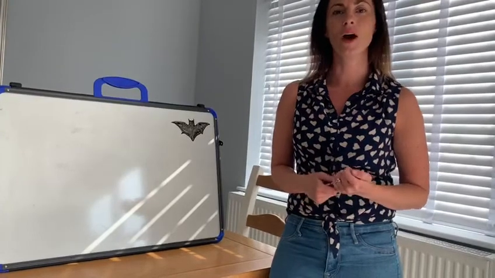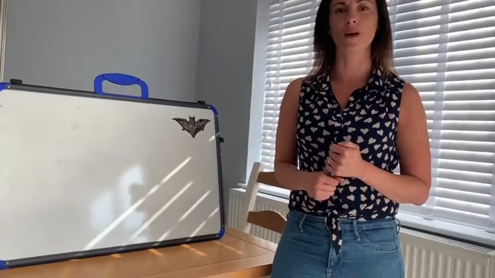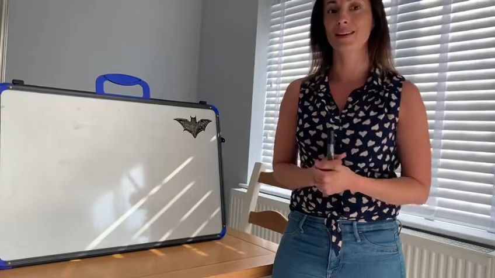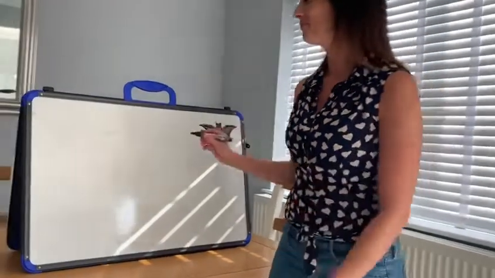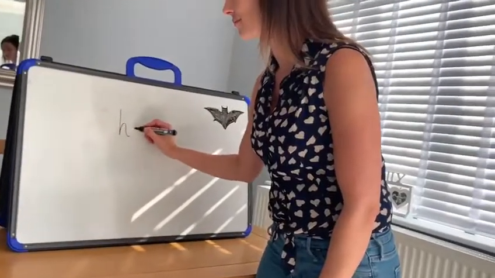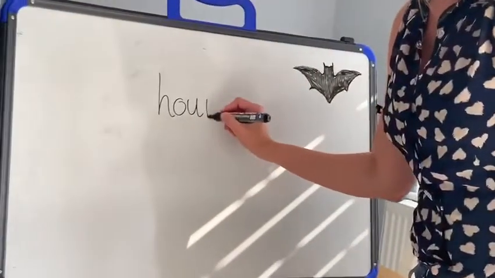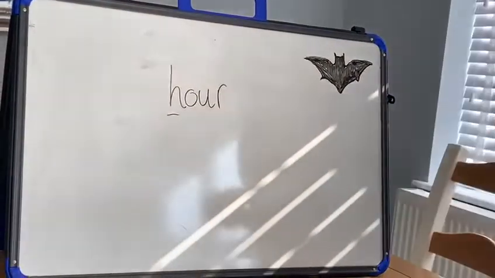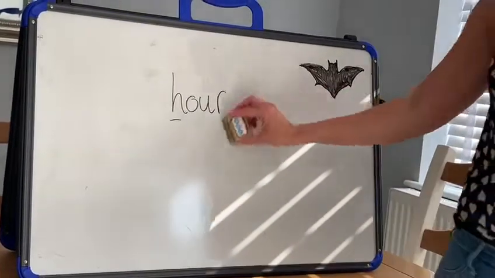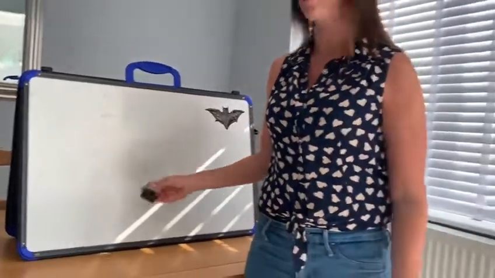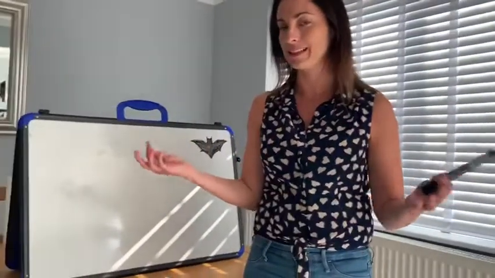How would we spell the word hour? There is a silent H in that word at the beginning of the word. Okay, so we can't hear the H, but it is in there. Otherwise it becomes the word our and means something completely different.